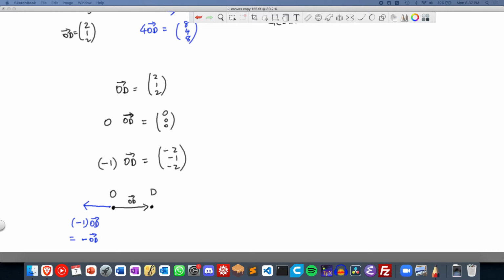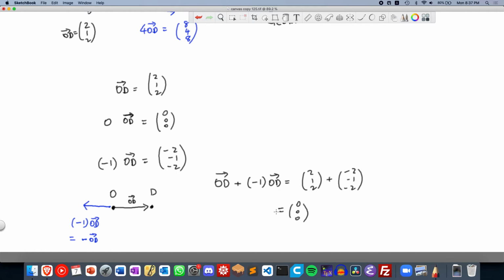And in fact, let's do a check: if we take OD plus negative 1 of OD, then we get (2, 1, 2) plus (-2, -1, -2), and that gives us (0, 0, 0), which is the zero vector. So OD and minus OD cancel each other out, which is why this picture makes sense: if we line the two of them up, then we are taking OD plus minus OD, and that just gives me the zero vector.